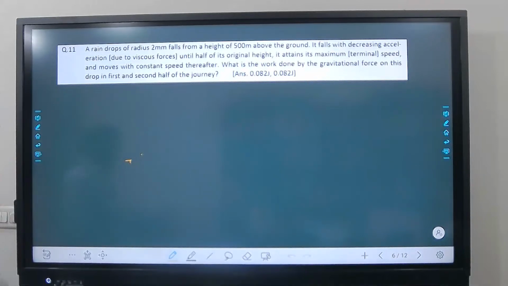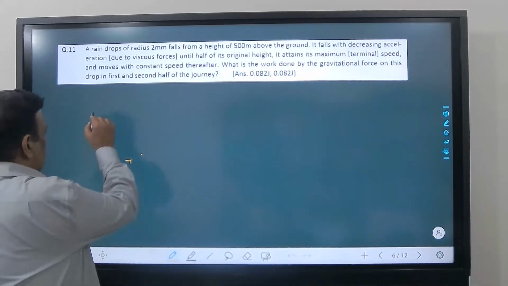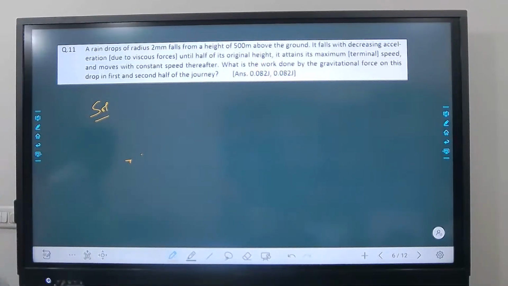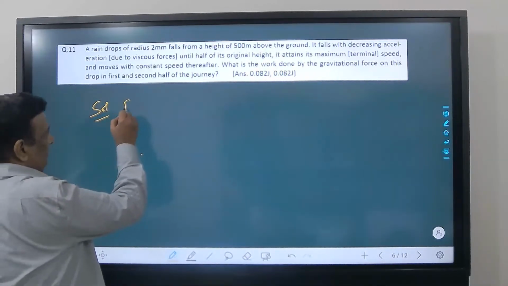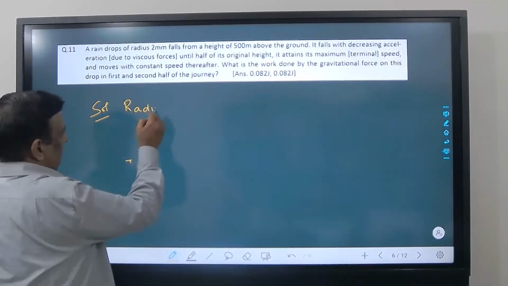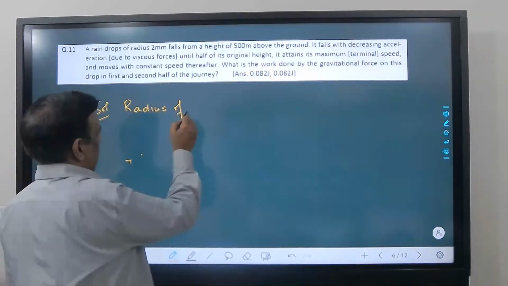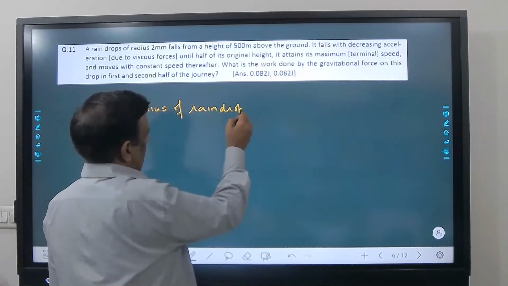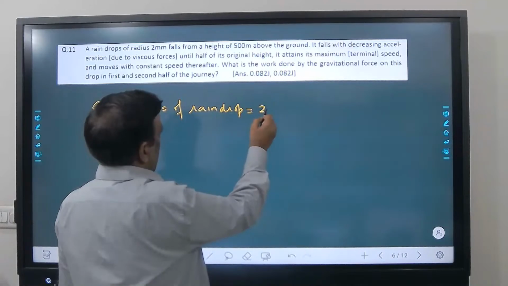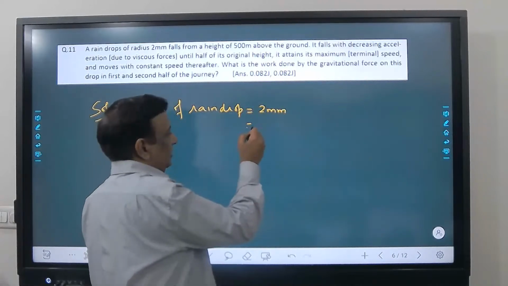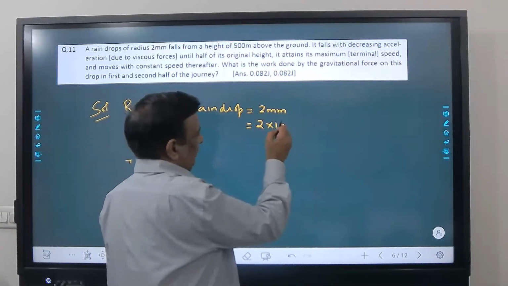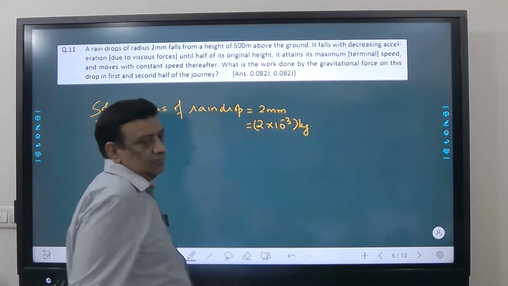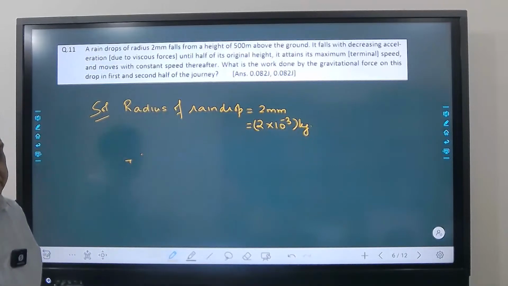Raindrops of radius 2 millimeter. Or you may be confused कि इसमें raindrop का radius क्यों दिया है? Two millimeter means this is 2 into 10 raised to power minus 3 kg.